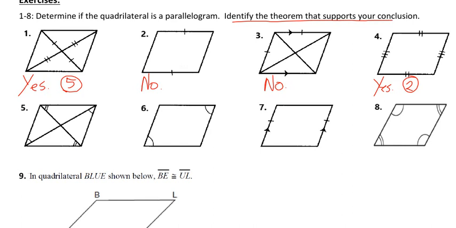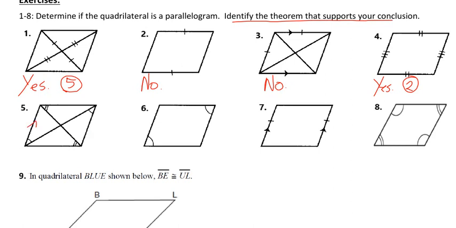So notice that these two angles, the ones that have one arc, they are alternating interior angles because they are on different sides of this, which would be the transversal that is intersecting these two sides. So since these two alternating interior angles are congruent, then we can conclude that these two sides are parallel.